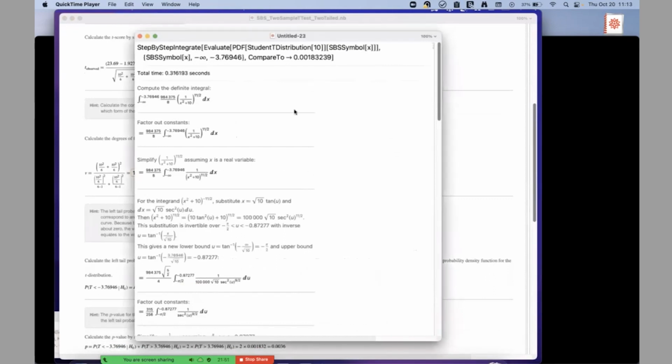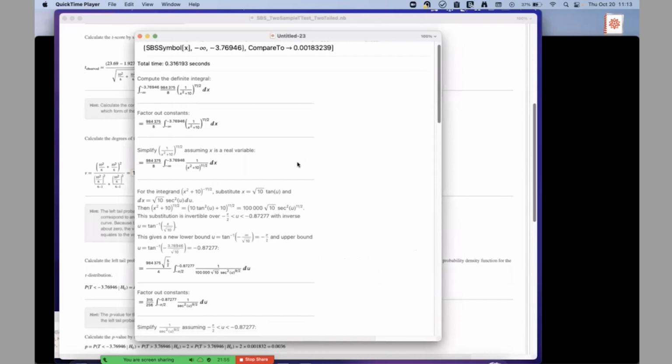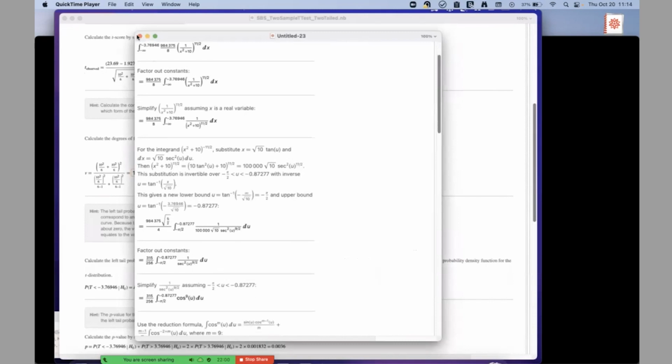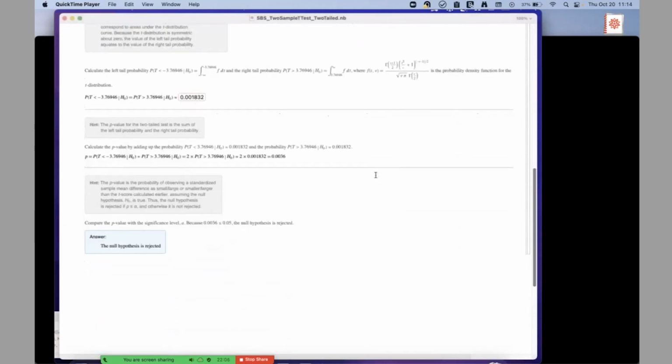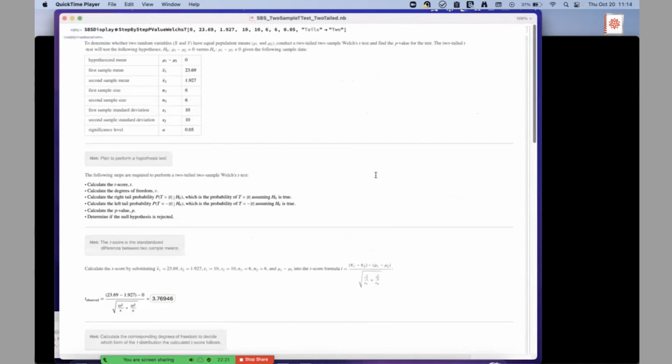For example, this shows the step-by-step detail for performing the calculation of the integral. The last step in the solution is to give a conclusion about the test based on the calculations done above. A decision on whether the null hypothesis is rejected is given based on the input data. The user also has control over the directionality of the t-test.